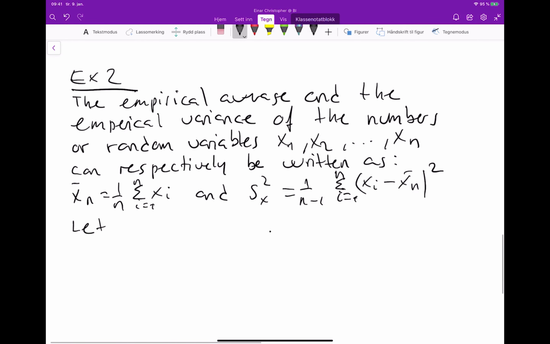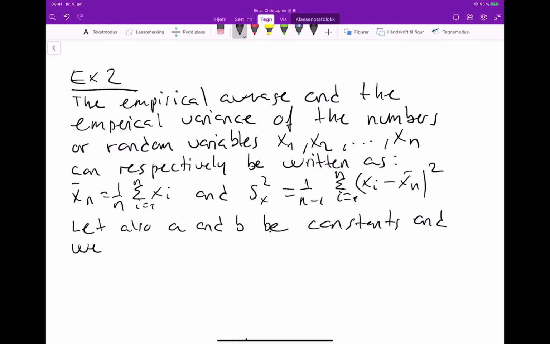Let also A and B be constants, and we define zi set equal to A xi plus B, for i equal 1 to n in this exercise.